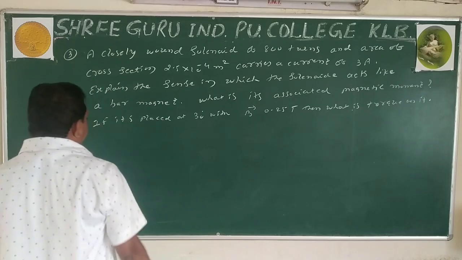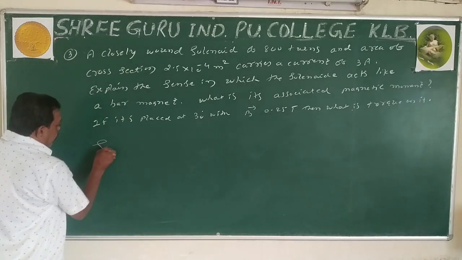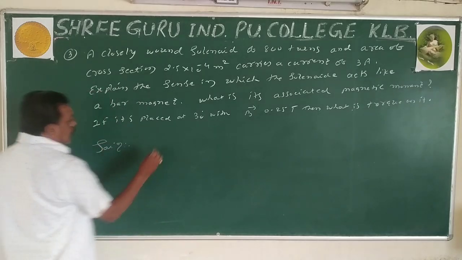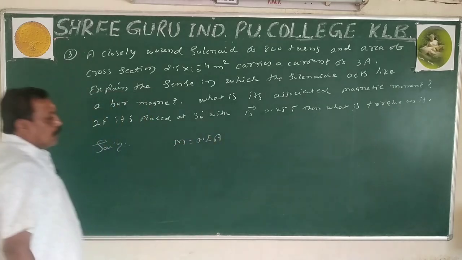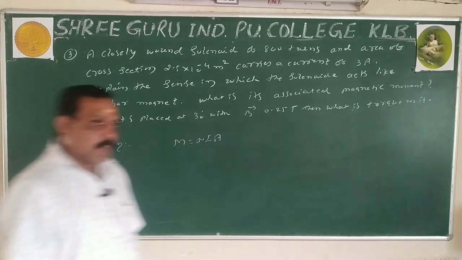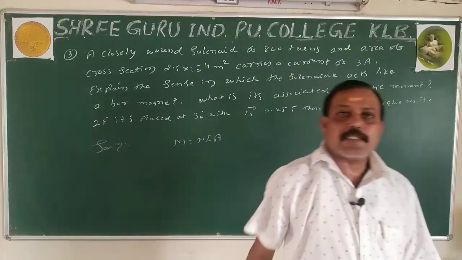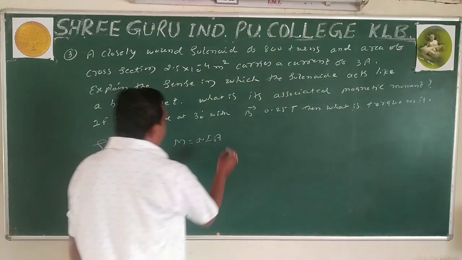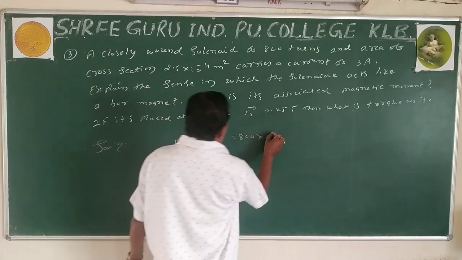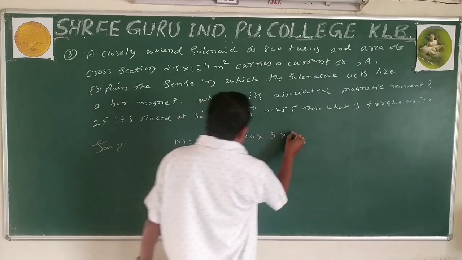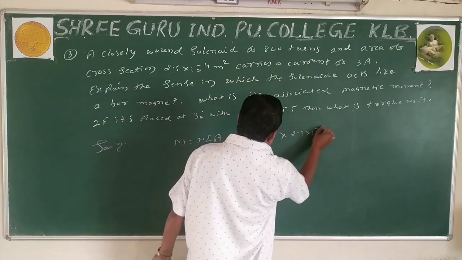Then, second one, the magnetic dipole moment M equals NIA. The magnetic dipole moment equals I into A for a single loop. For a number of turns, it is NIA. N equals the number of turns, 800. The current is 3 ampere. The area is 2.5 into 10 to the power of minus 4.